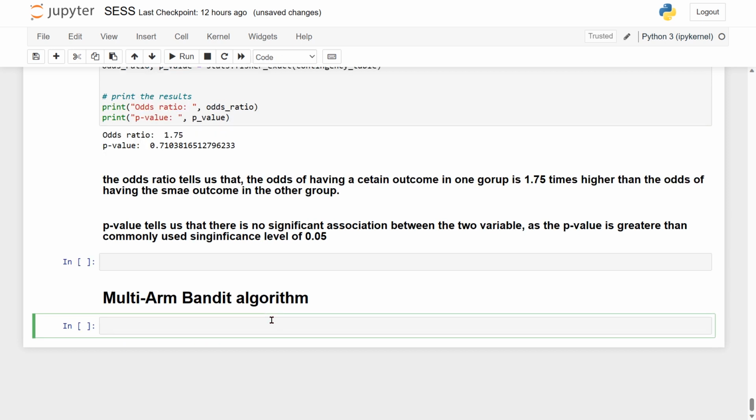There is a set of k arms, each associated with a random reward distribution with an unknown mean.